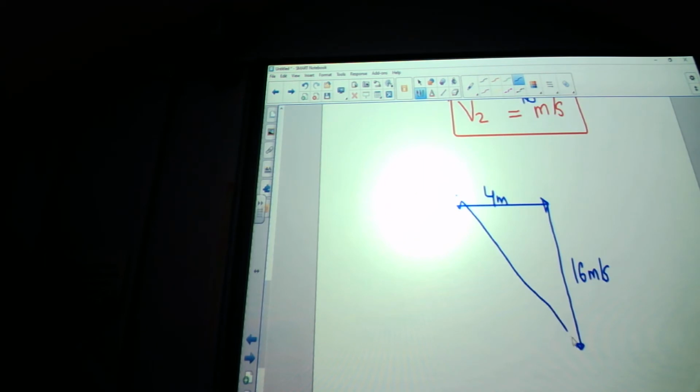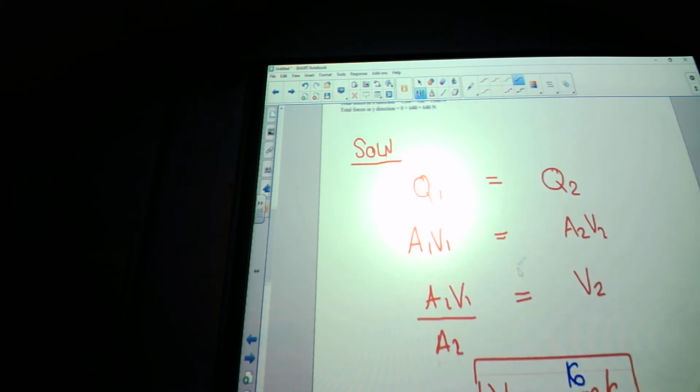And I need to find the total force. To find that, because it's a right-angle triangle, I can use the square root of 4 squared plus 16 squared. I need to find the hypotenuse.